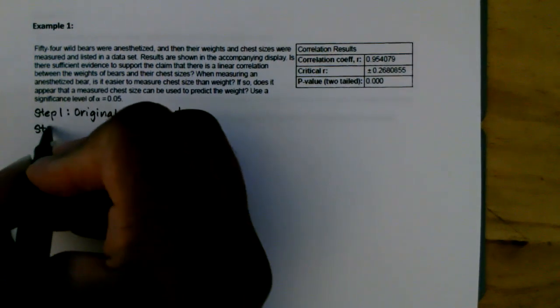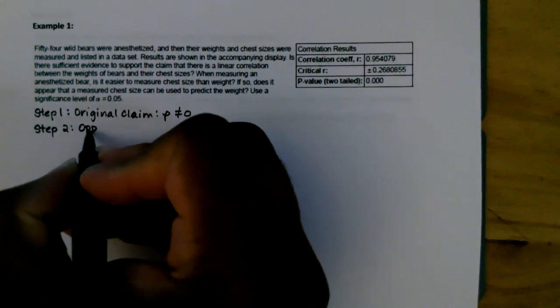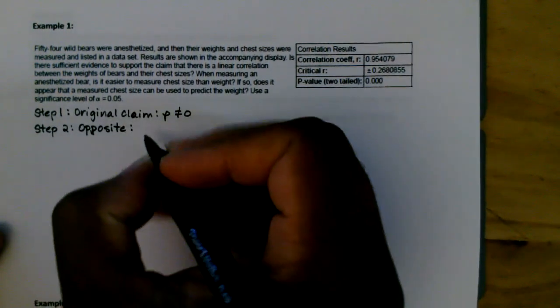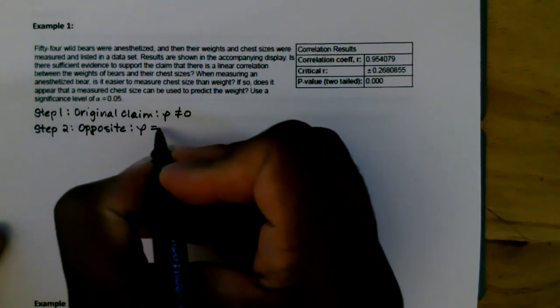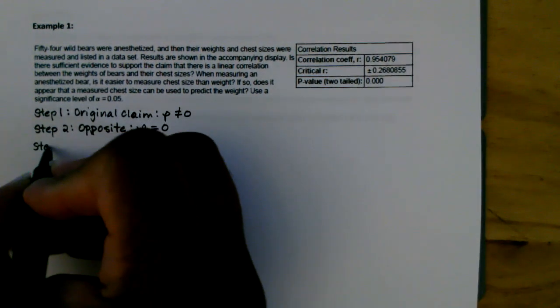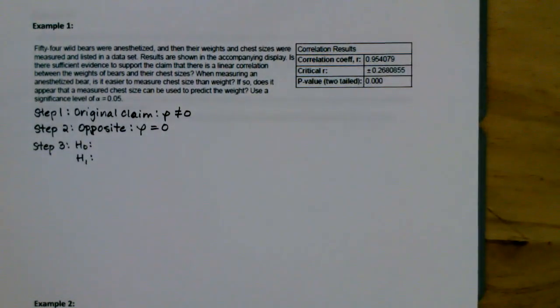Step number 2 is the opposite of the original claim. Well, the opposite of not equal to would be just plain equal to. So it'd be rho is equal to 0. And then step number 3 is identifying the null and alternative hypothesis.